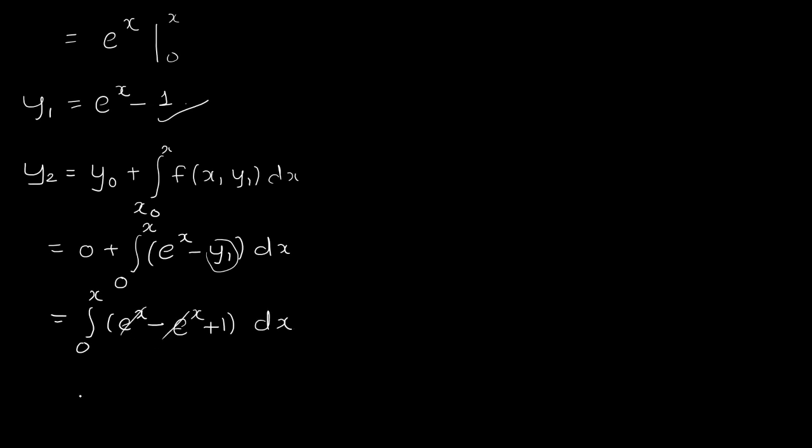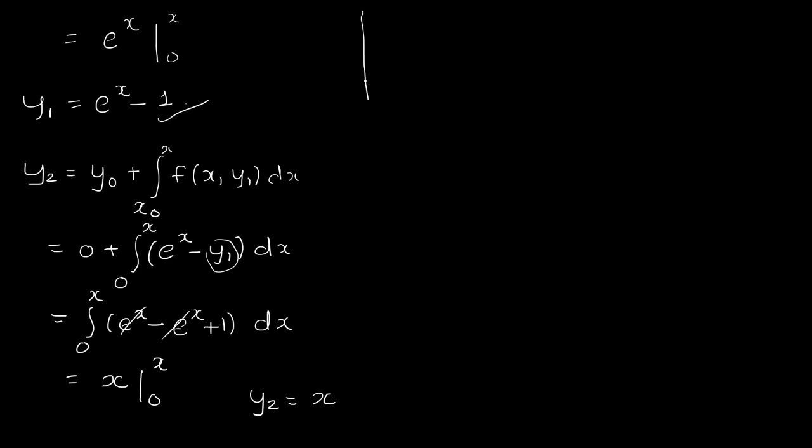So e^x gets cancelled out. What remains is 1 dx, and if we integrate it, it will be x from 0 to x. So the final answer, my y2, will be equal to x. This is my second iteration.